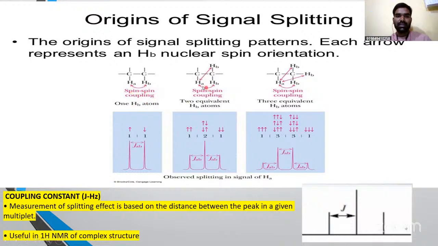Here there is one Hb atom. Here you can see spin coupling with two equivalent Hb atoms. Here there are three equivalent Hb atoms.